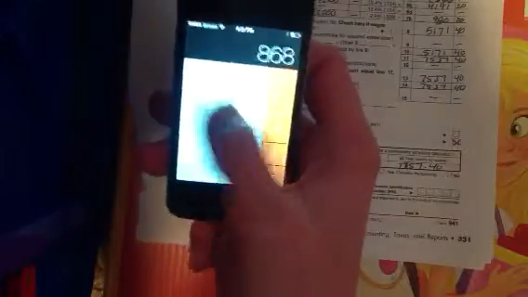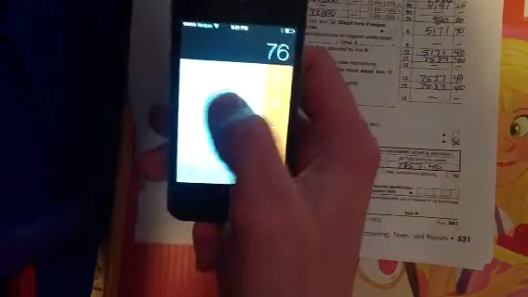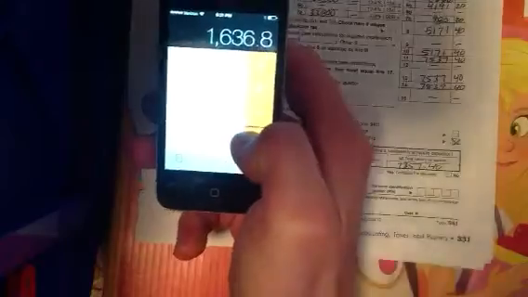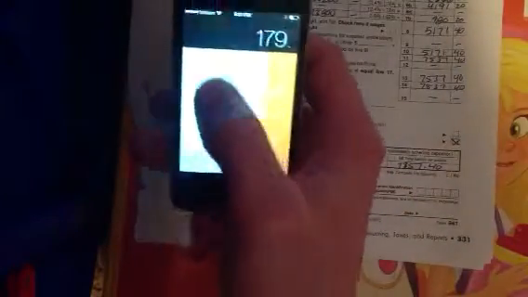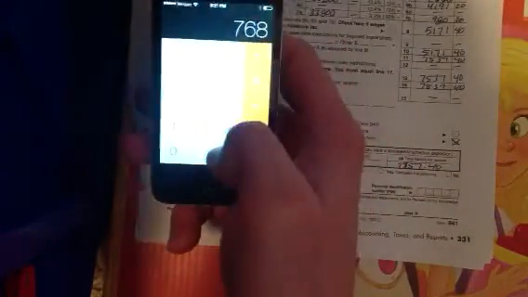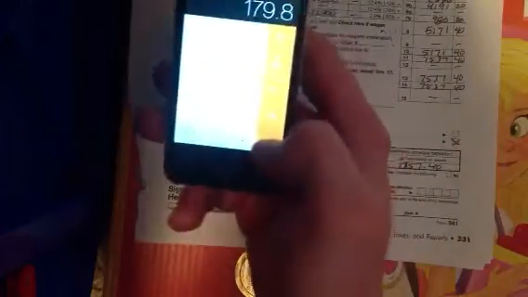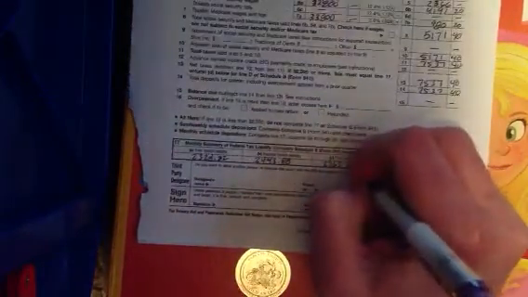Third month, we do the same thing. 868 plus 768.8. Oops, wrong number there. 868 plus 768.80 plus 179.80 plus the employer's taxes, 768.80 plus 179.80 equals $2,765.20.